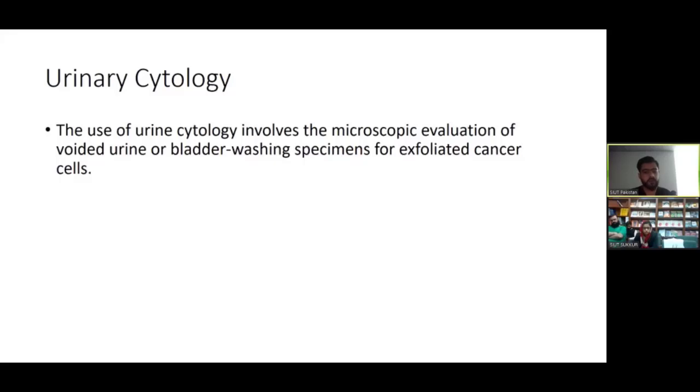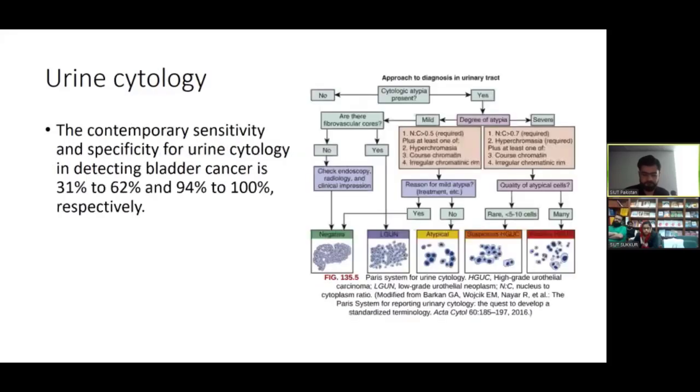diagnosing bladder cancer. However, the presence of a high-grade or a suspicious high-grade cell is very specific. So the specificity of these tests is very high. If we do have a sample of aberrant histology, we should investigate in these patients as to why these cells are present in the urine.